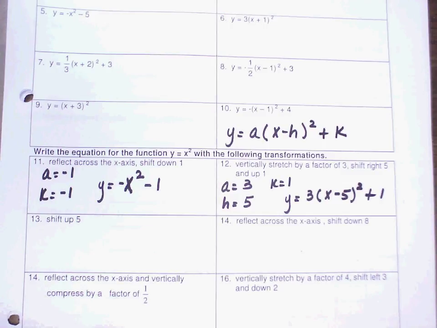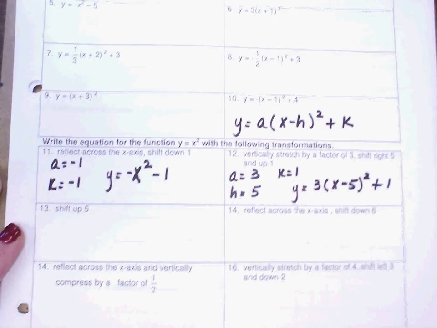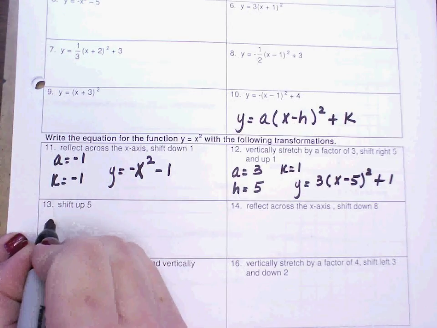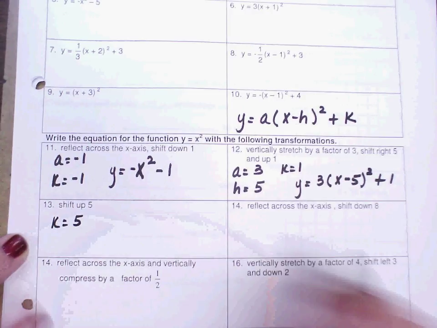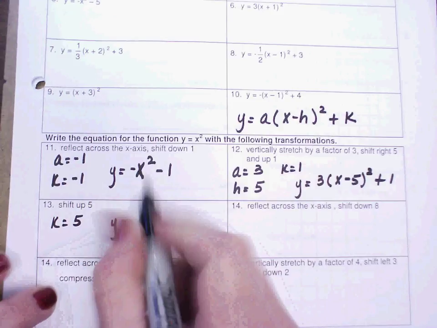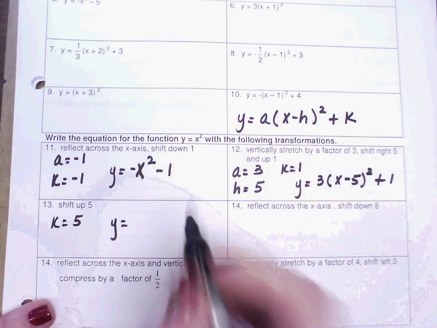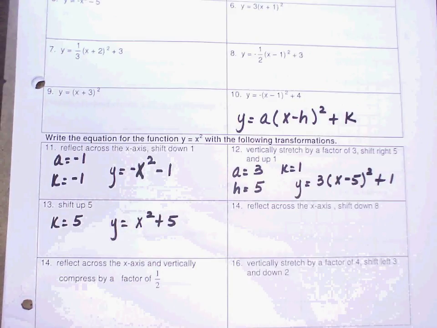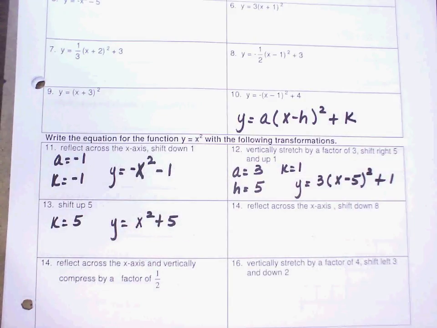Are we good? All right, shift up 5 units. K equals 5. So what's my equation? Y equals x squared plus 5. If it doesn't have that x squared, it's not a quadratic.